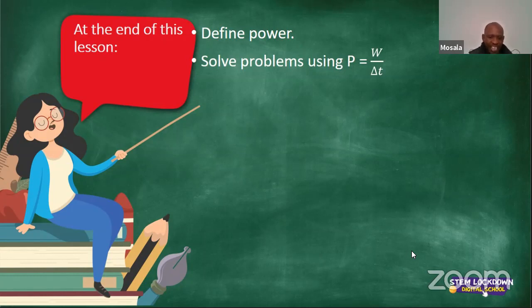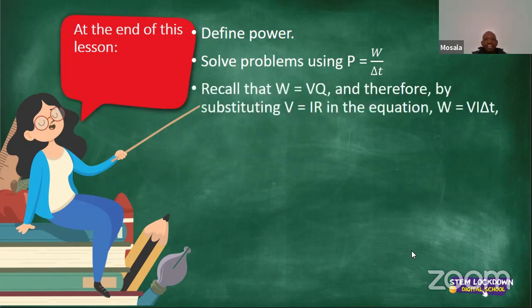work done over time. And you must remember that work done equals VQ, or V equals W over Q. And therefore, by substituting I equals Q over t in the equation, we are going to get W equals VIt, right?